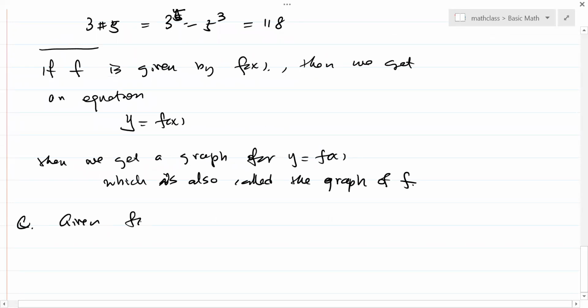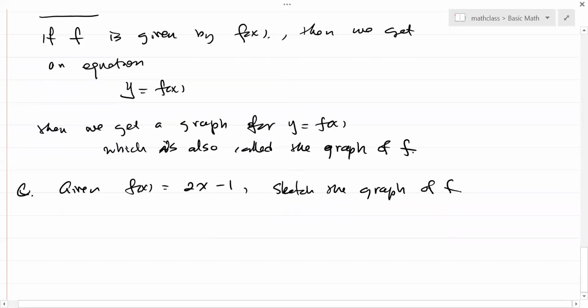Given function f of x equals 2x minus 1, sketch the graph of f, okay? What does that mean? That means you're given a function, then you get an equation. So actually you are trying to sketch the graph for this equation.